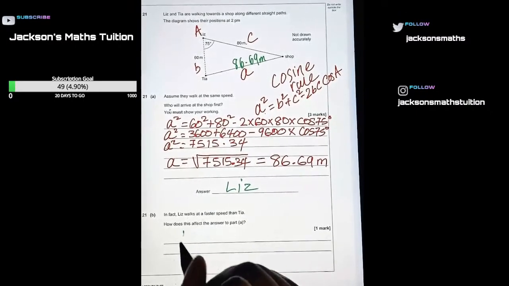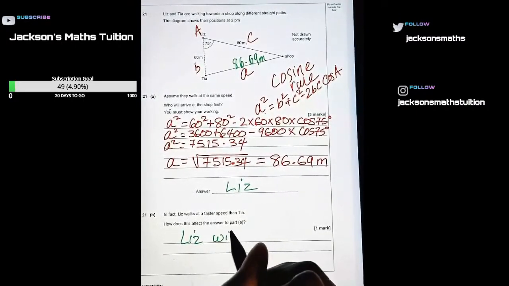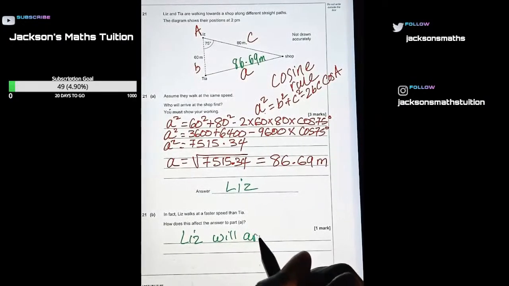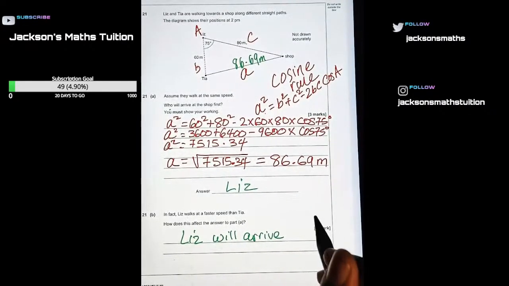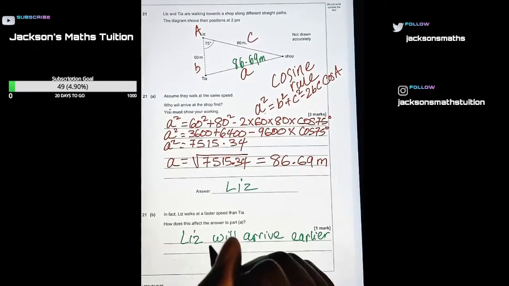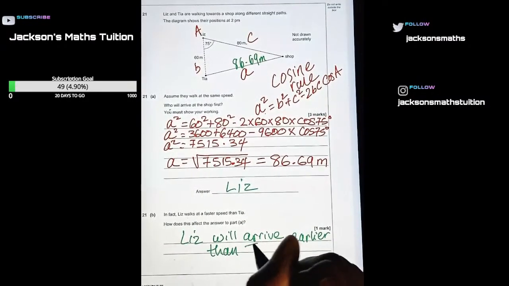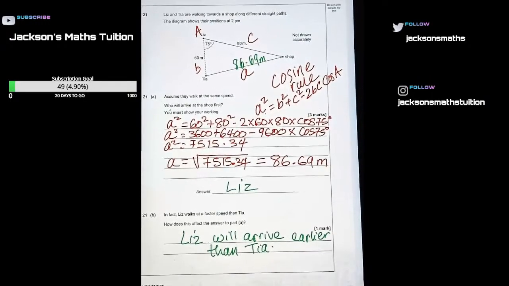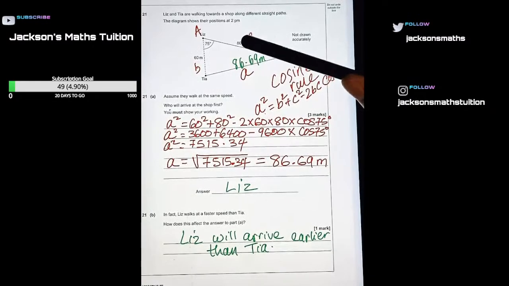So you're going to say Liz will arrive earlier than Tia. Okay, so if she increases her speed, then she's going to arrive earlier because she's already traveling the shortest distance.